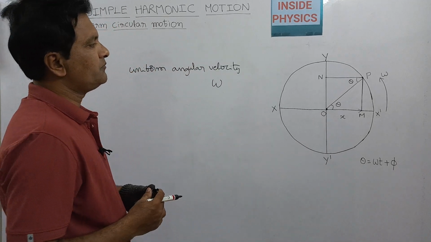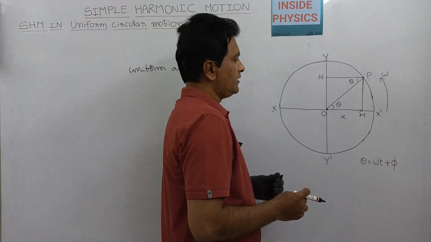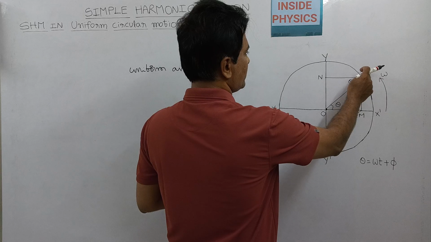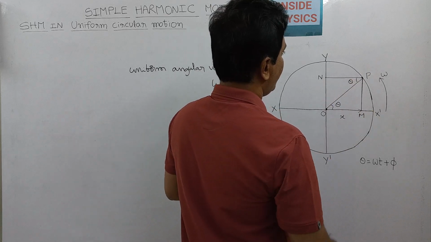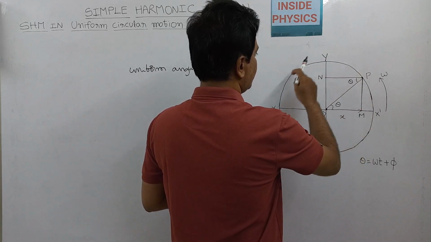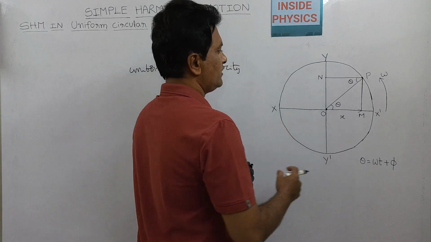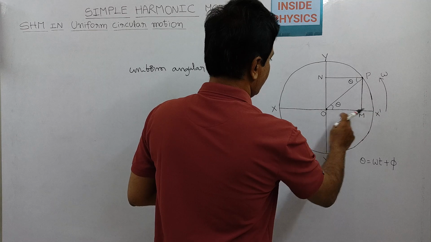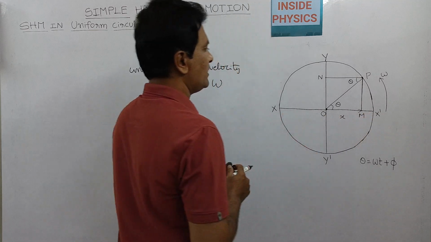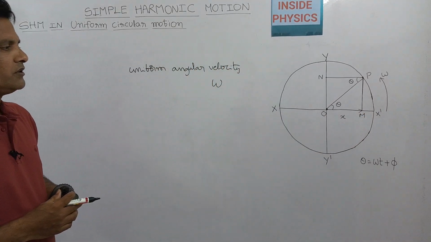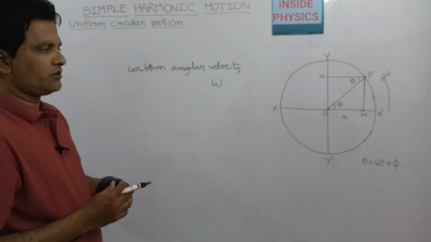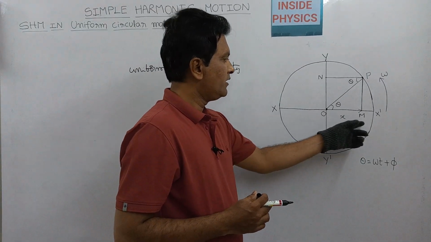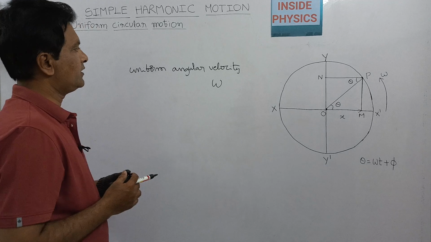So how to prove the projection? Suppose in this case we consider the projection PM. While the particle is moving in circular motion, this projection will also make oscillations on the diameter X O X dash. Now we will prove the motion of the projection on this diameter is simple harmonic.